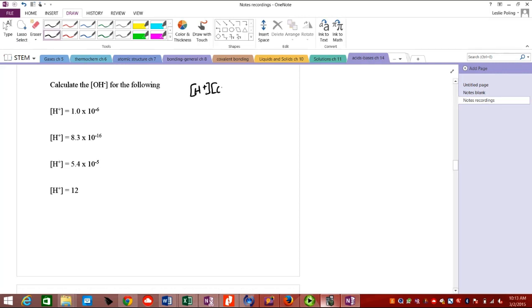If H plus times OH minus is 1 times 10 to the minus 14, then that means that OH minus is 1 times 10 to the minus 14 divided by H plus, or H plus is 1 times 10 to the minus 14 divided by OH minus.